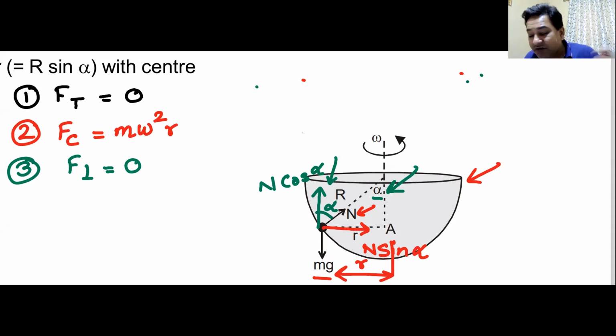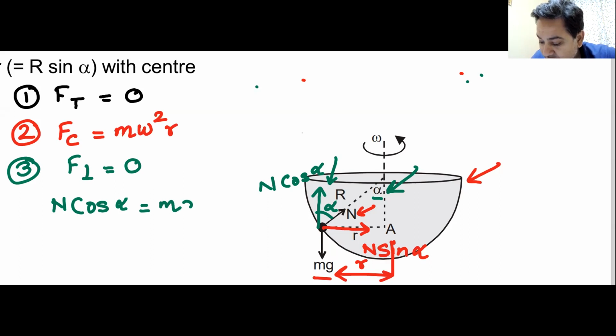Can anyone tell me what is the equation in the green direction? The perpendicular direction. Is equal to mg, sir. N cos alpha is equal to mg. That is the equation in the green direction.